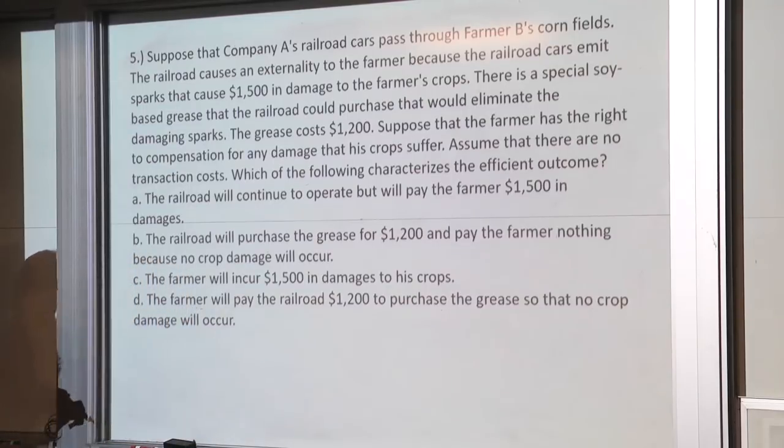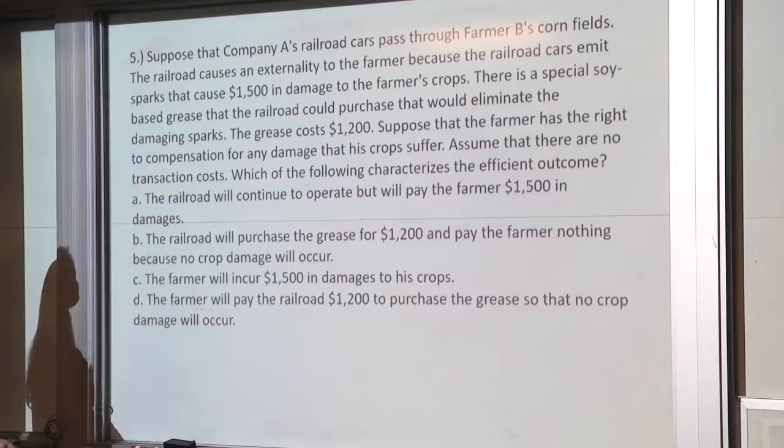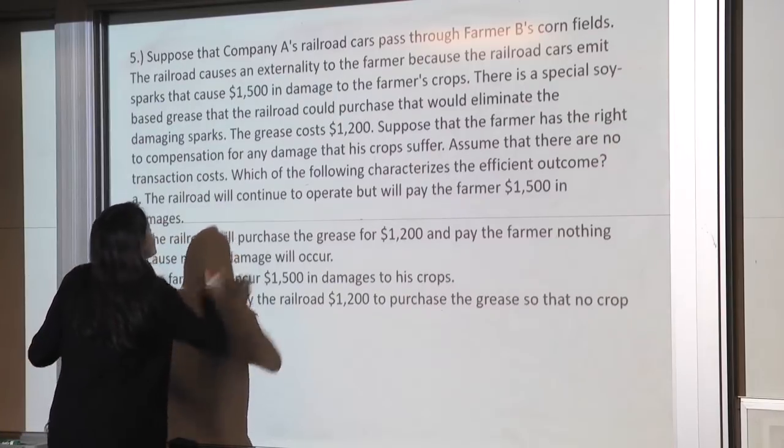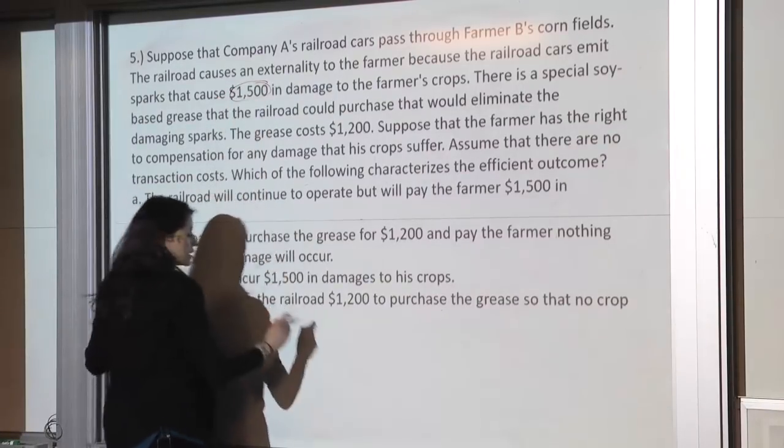So here, suppose company A's railroad cars pass through farmer B's cornfields. The railroad causes an externality to the farmer because the railroad cars emit sparks that cause 1,500 in damage to the farmer's crops. Okay, so we have to take this number into account, right?